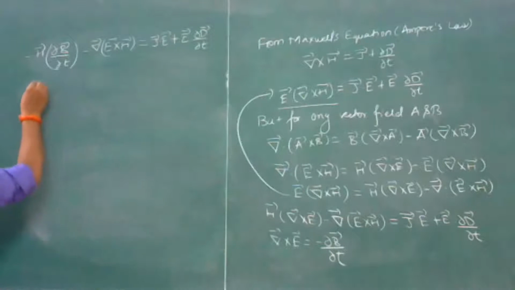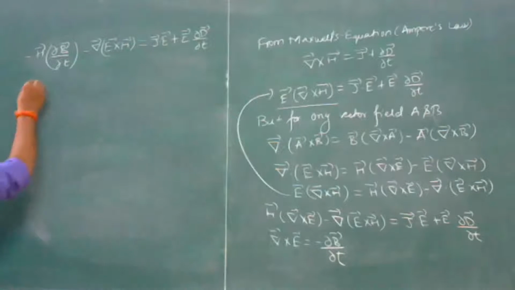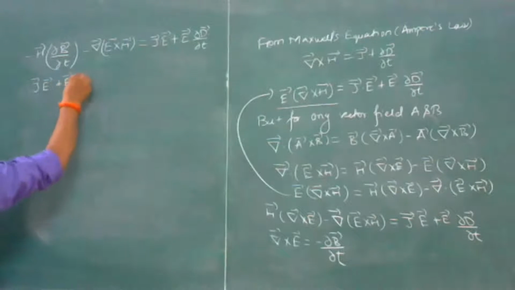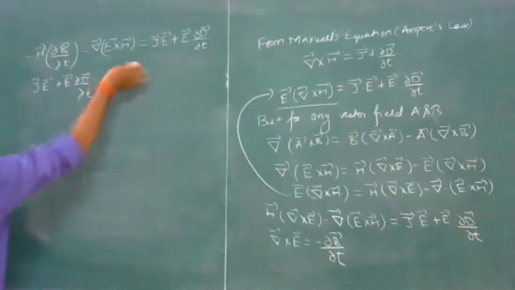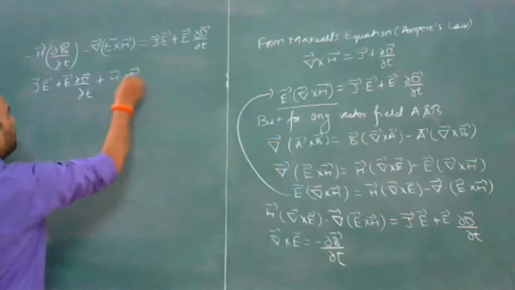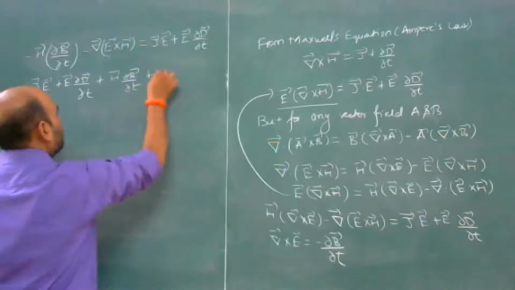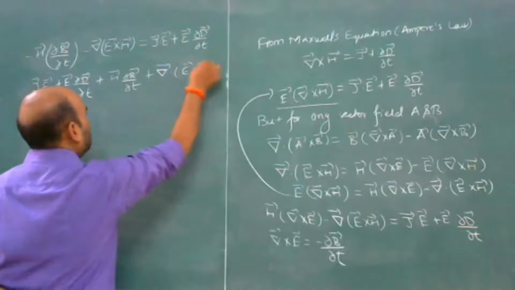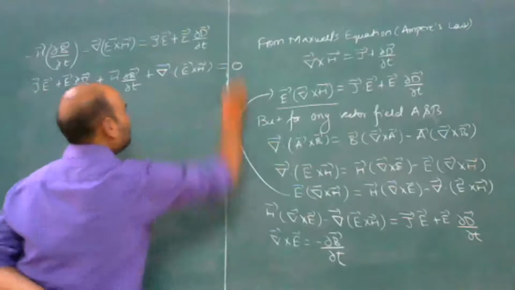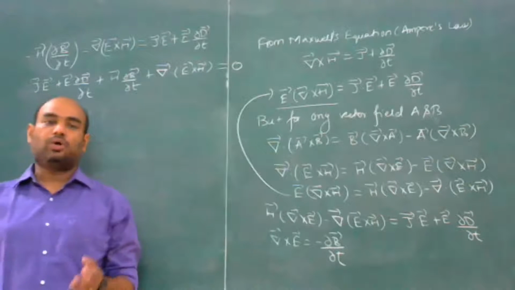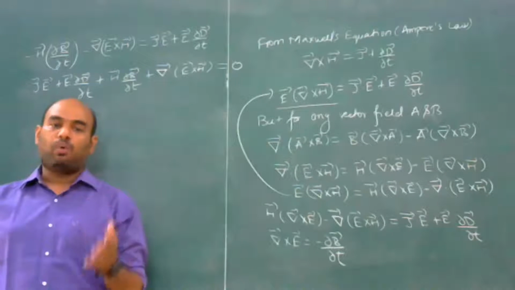Or it can be written as J dot E plus E dot del D by del t plus H dot del B by del t plus divergence of E cross H is equal to 0. So this equation is known as the point or differential form of Poynting's theorem.